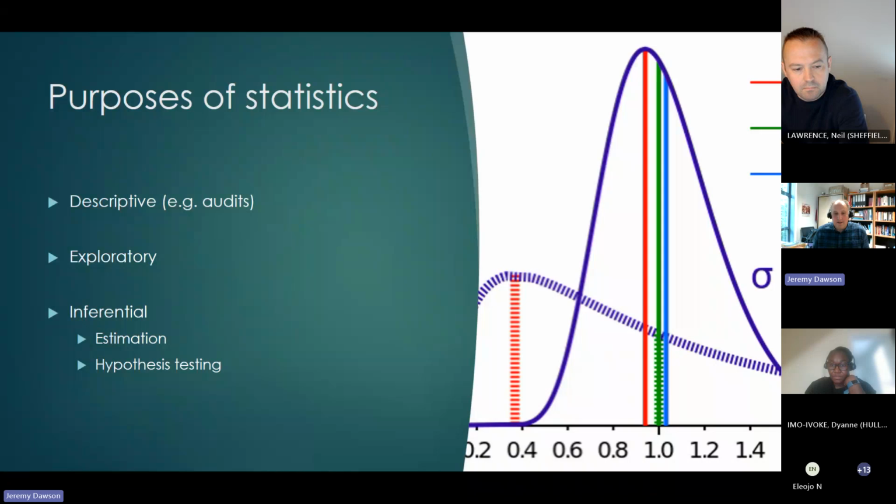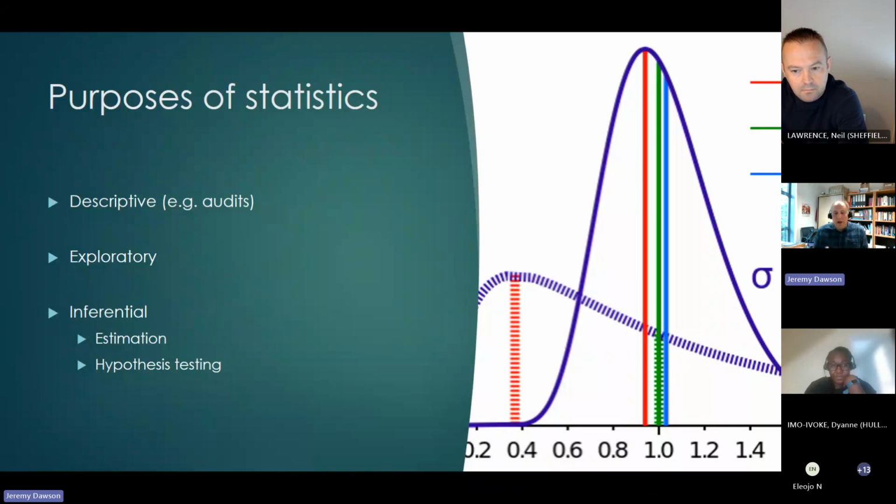That comes much more with the inferential type of statistics, and this is really the core purpose of statistics that many of us need to pay attention to, because anytime we read a study in a journal or equivalent, there's a very strong chance that if they're using statistical methods, they are trying to draw some inference from their data about a broader population. That's what inferential statistics is all about, and it includes different sub-elements.